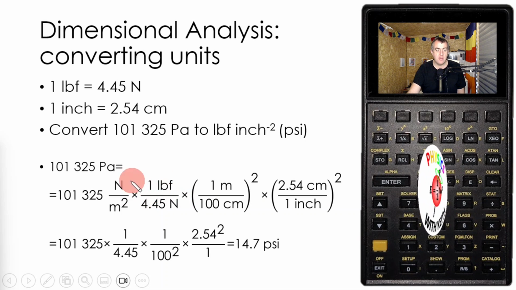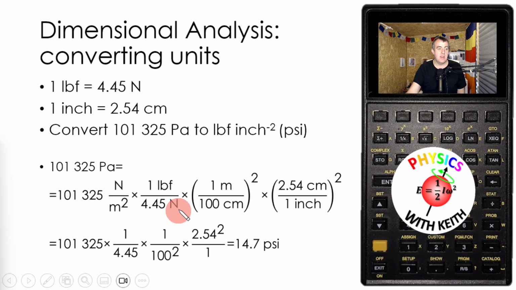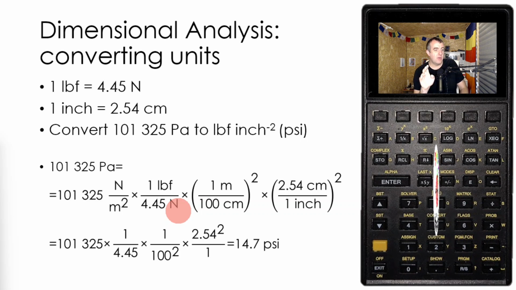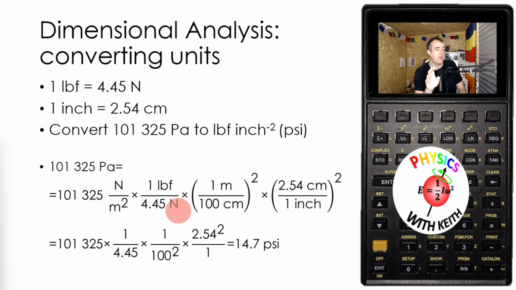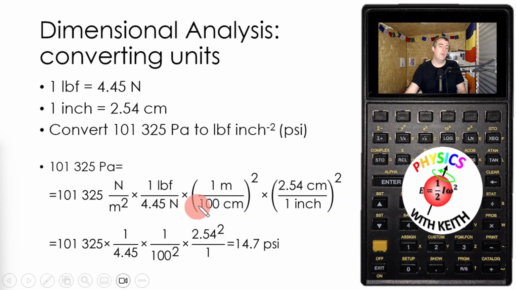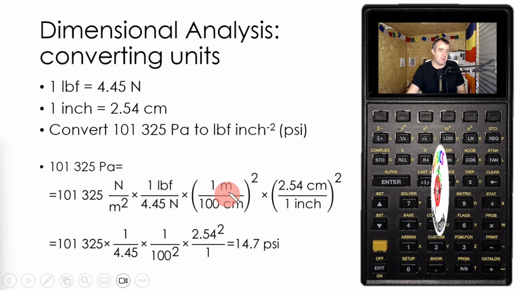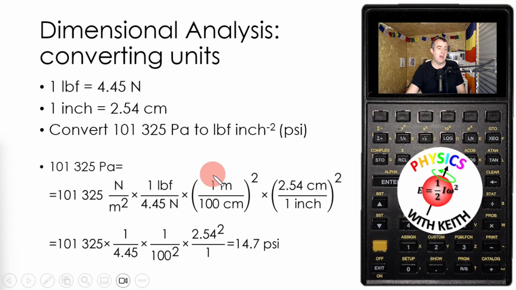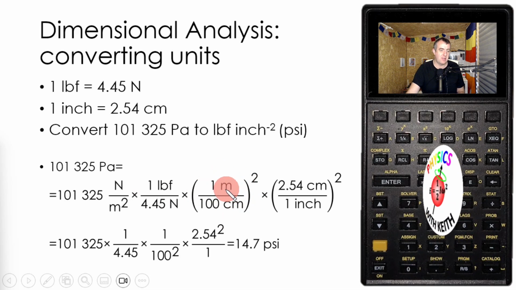That's just the number 1. The newtons cancel. In terms of lengths, we want to get rid of the metres squared. Well, I've got a conversion into inches, but that's for centimetres. Well, 1 metre is 100 centimetres. That allows me to cancel one of the metres, but if I square all of that, I'm able to cancel both of the metres.